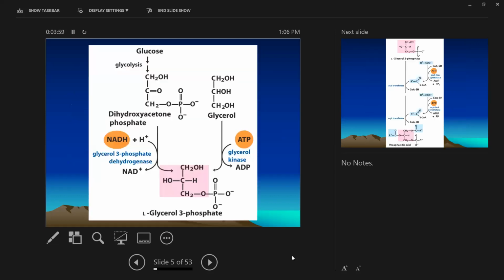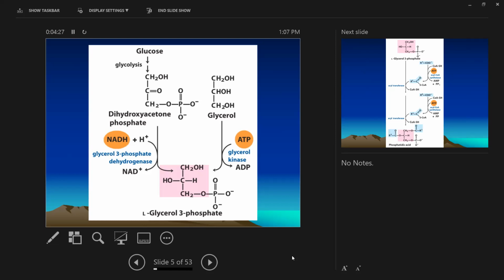So glycerol 3-phosphate can be made in one of two ways. You can take glycerol. If you have eaten anything with fat in it, you'll have glycerol. From the hydrolysis of fats or cell membranes or something like that, there's an enzyme called glycerol kinase, very widespread, just takes ATP and gives you glycerol 3-phosphate.